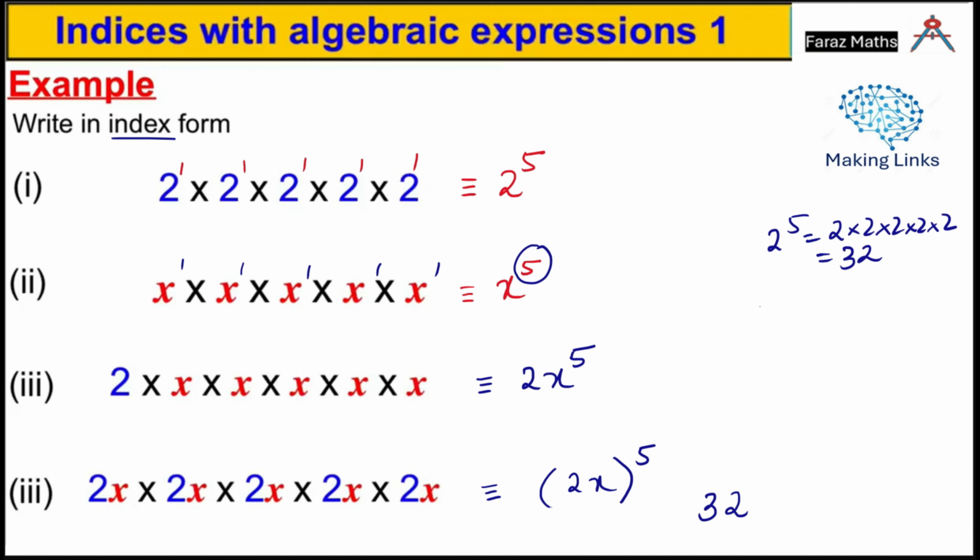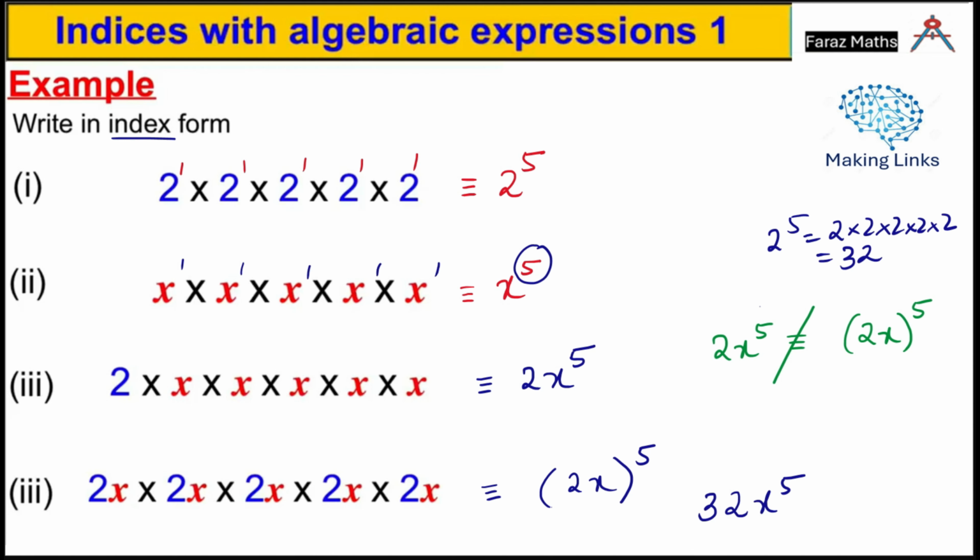And this power will come on x also, 32x to the power of 5. Now you have to be careful that 2x to the power of 5 is not equivalent to 2x whole bracket and then 5 on it. They are different from each other.